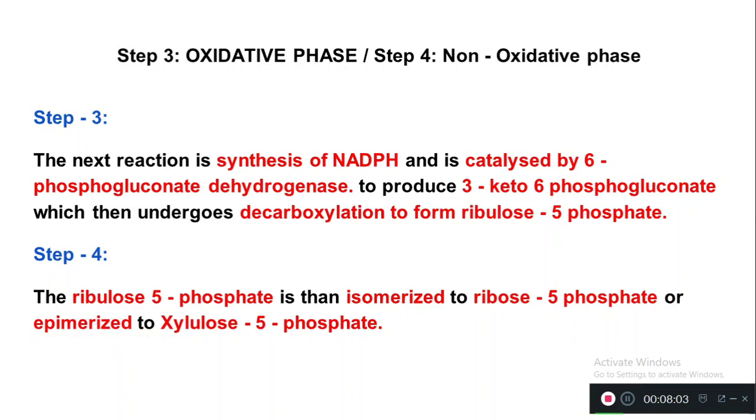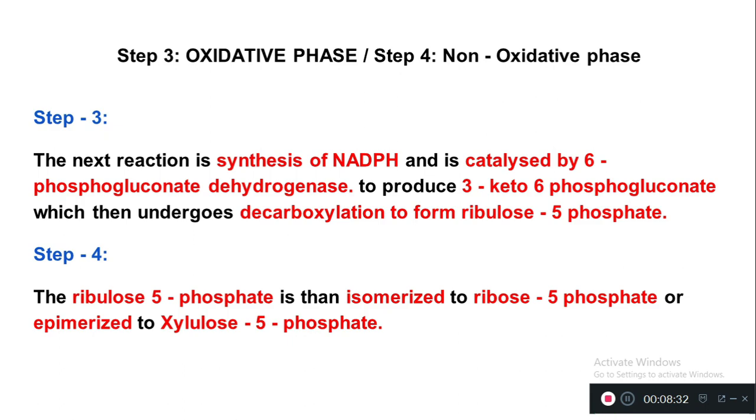Now let's see step 3. In step 3, the synthesis of NADPH occurs, catalyzed by the enzyme phosphogluconate dehydrogenase. Because of this enzyme activity, we are getting a substance called 3-keto 6-phosphogluconate.